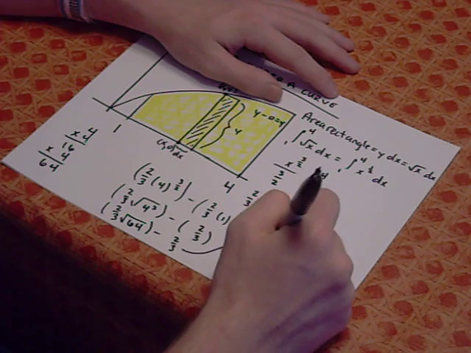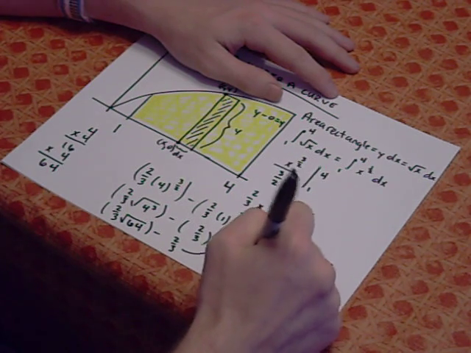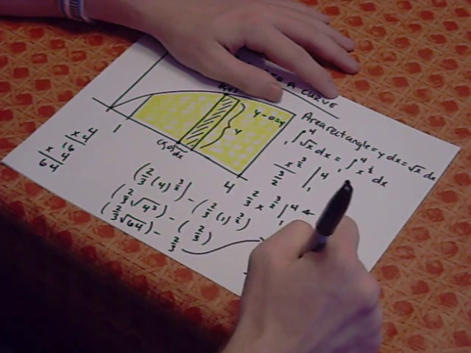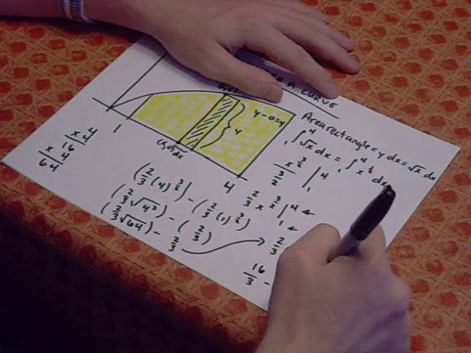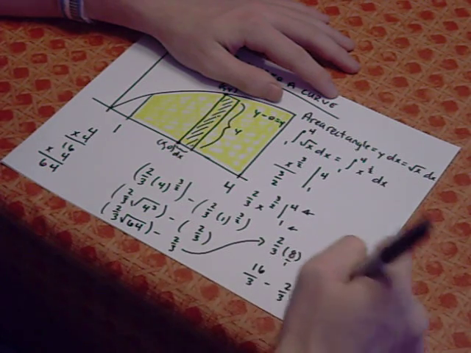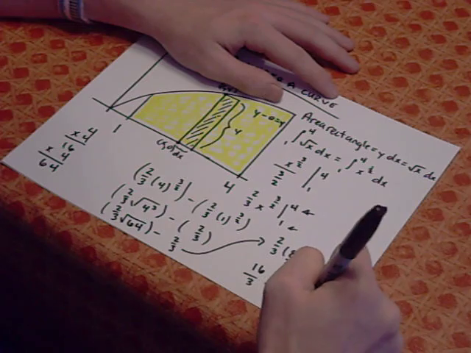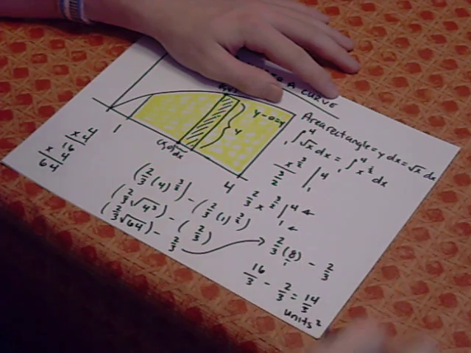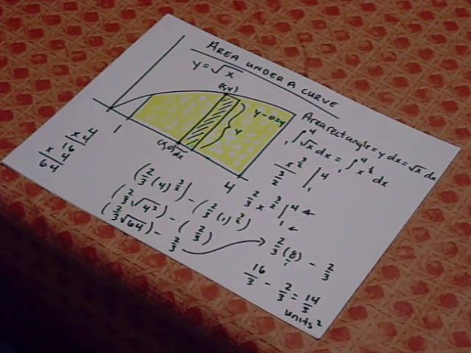So when you multiply, you get 16 over 3 minus 2/3, which is equal to 14/3 units squared. And that is finding the area under the curve of the graph of y equals square root of x between 1 and 4.